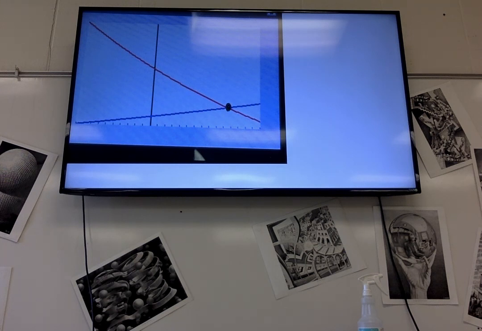And to find that, we hit the second button and then the trace button, which is right here-ish. And it says value, zero, minimum, maximum. We're obviously going to pick which one? Intersect. So you just hit number 5.